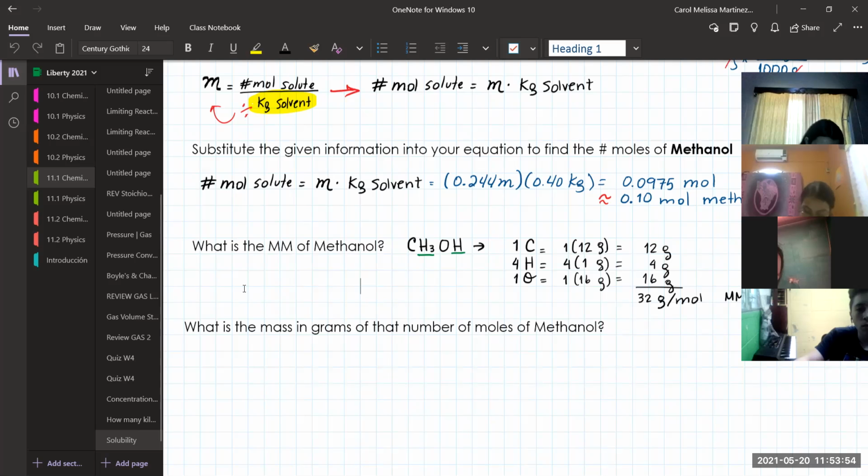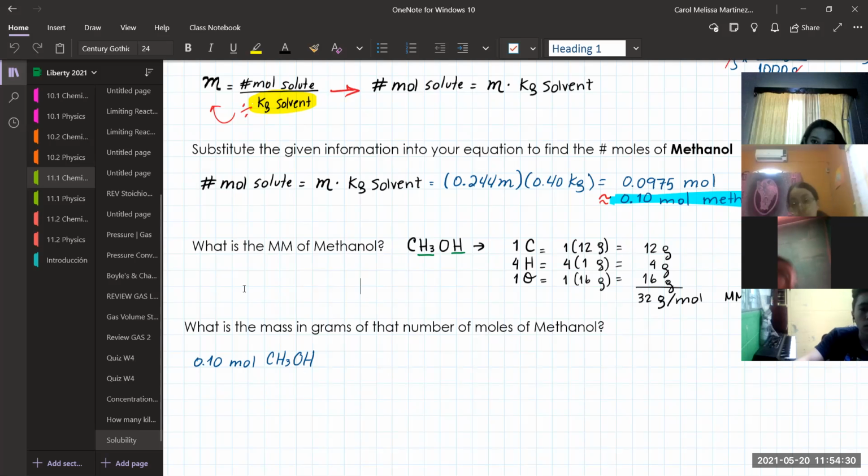And in the last part, it says, what is the mass in grams of that number of moles of methanol? So remember, the number of moles we got is 0.10. So we're going to start with 0.10 mole of methanol, CH3OH, and I need to get the mass in grams. I will use my molar mass as a conversion factor.